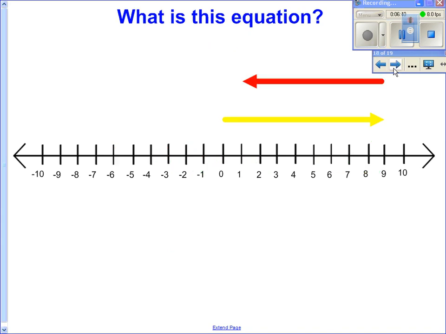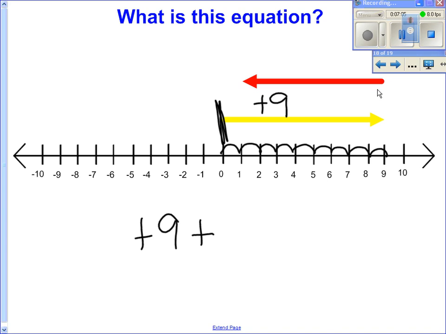Let's try another one. Remember, we start at 0, and the first arrow moves to the right first. So we know that that is going to be positive. Let's count the jumps. 1, 2, 3, 4, 5, 6, 7, 8, 9. So we have positive 9.